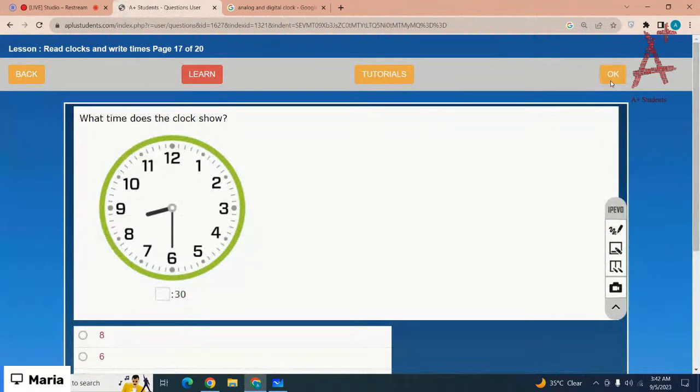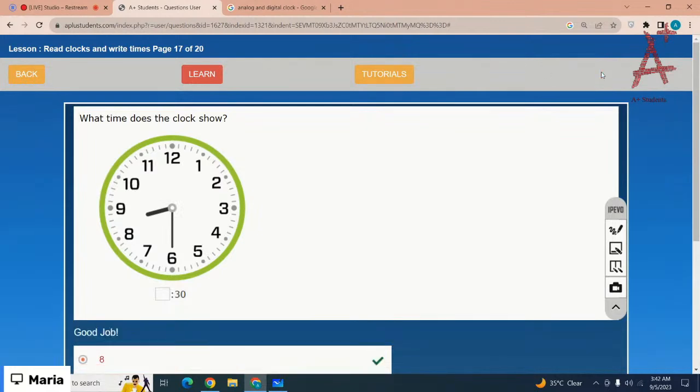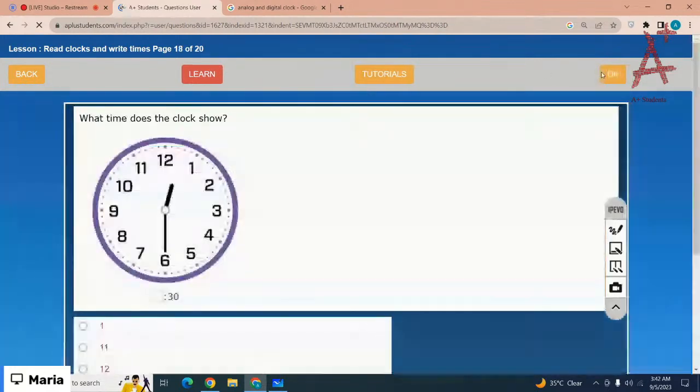What time does the clock show? The clock shows 8:30, right? The correct option is 8:30. What time does the clock show? Which is the correct option? The clock shows 12:30.